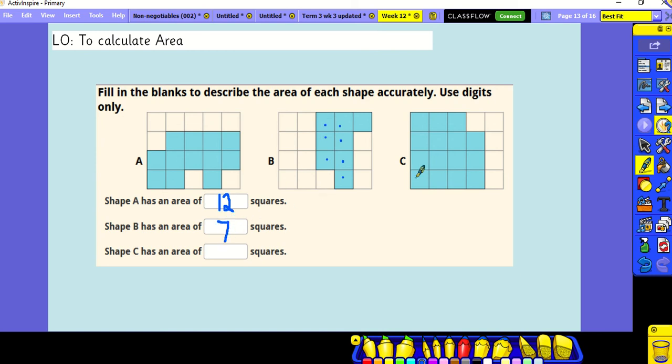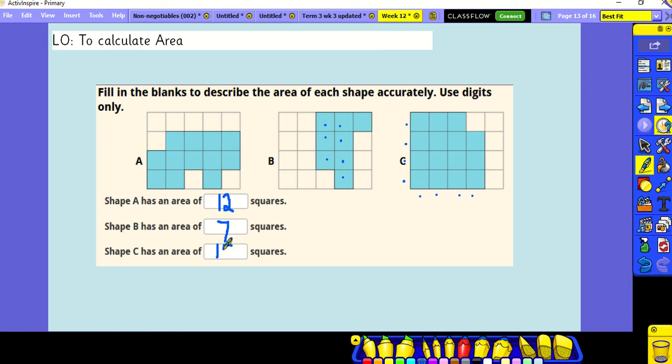Shape C has an area of, there's a quick way to calculate this. If I do 4 times 4, that square would be 16, minus this one in the corner is 15. So that was my quick way, but I could also count them. 15 squares.